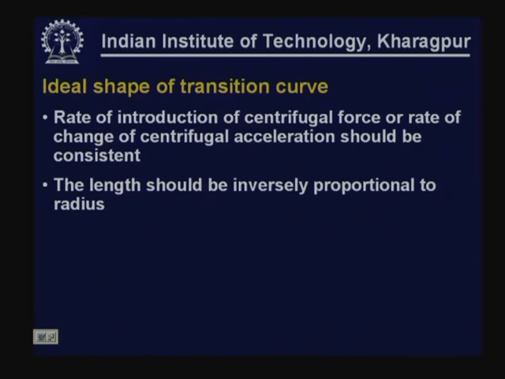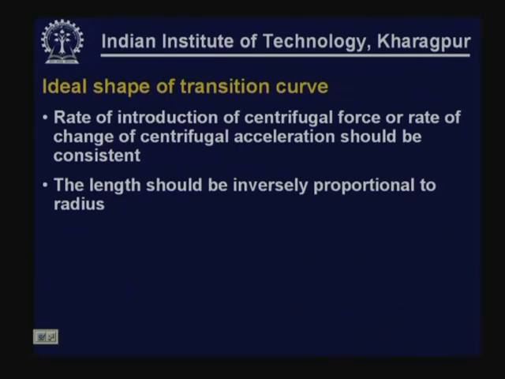Which indirectly means that the length should be inversely proportional to radius, because if the length is inversely proportional to radius, then the rate of introduction of centrifugal force, or the rate of change of centrifugal acceleration, should be consistent.